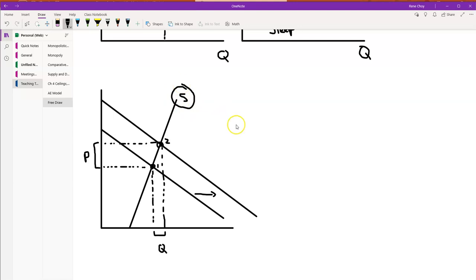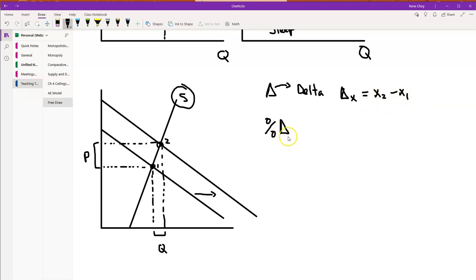So another way of thinking about elasticity is in terms of percentage change, and that triangle is the letter delta, which means the change. So if I say, for example, delta x, that's the same thing as saying x2 minus x1. So it's the difference or the change between the two.